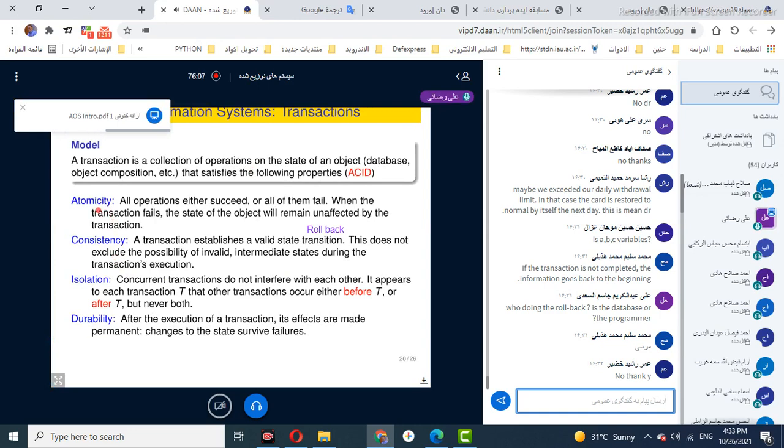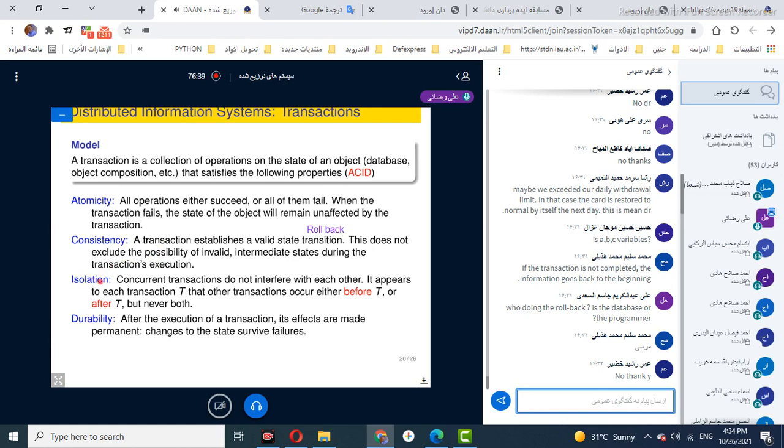So this is what is called atomicity, and also we've discussed consistency, in which, for example, if money has been withdrawn from my account, and in between this money transfer something happened, that money should be returned to my account to preserve consistency.